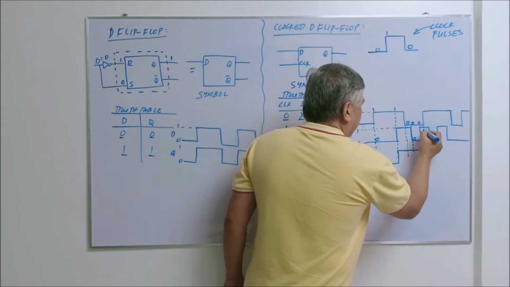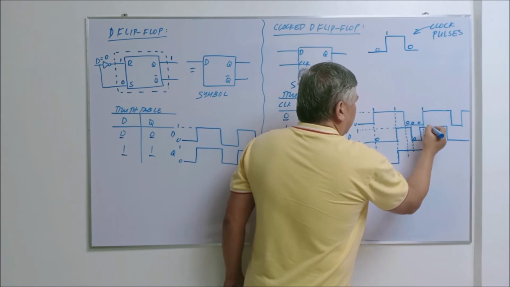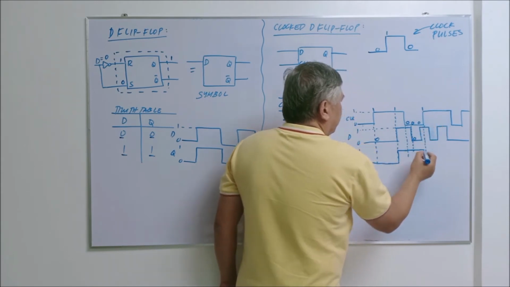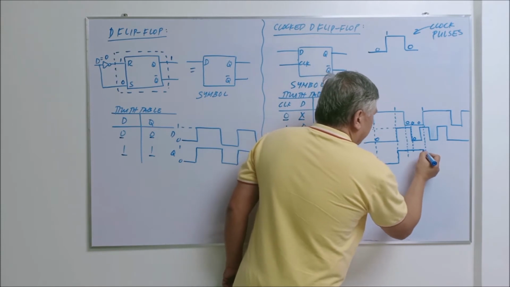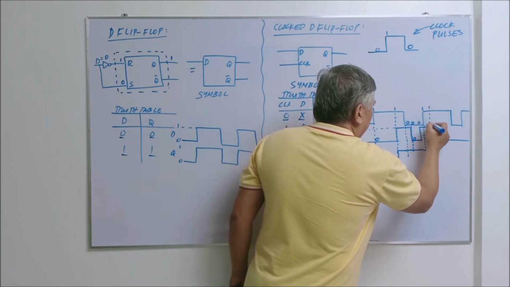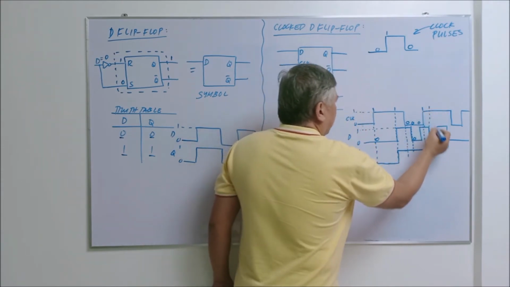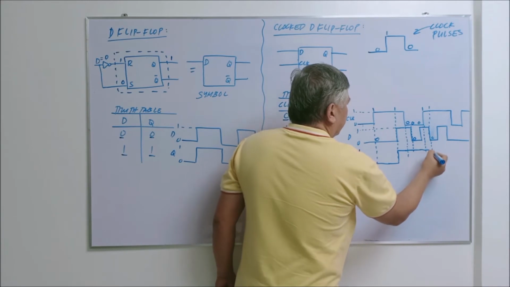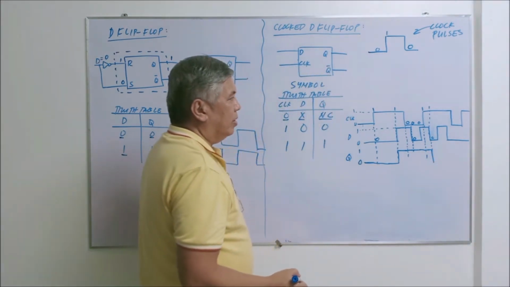But then here, in this particular area, clock goes to 1, D is 1, D implies Q, so Q is still 1. But when it reaches this particular area, your clock is 1 and your D is now 0, then it goes down to 0. Okay?